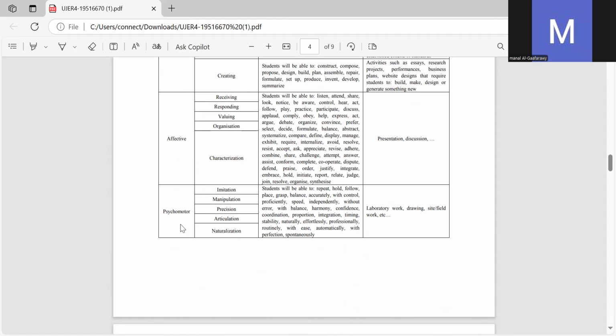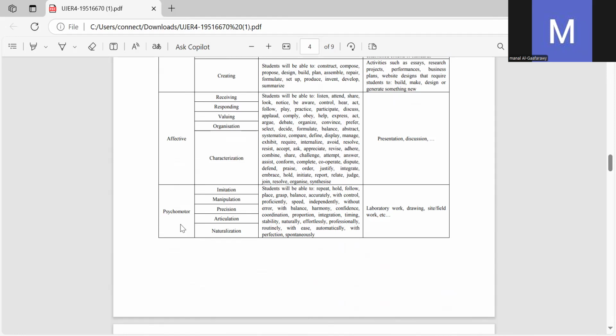Working on that level, again, may take a month, for example, until that habit becomes persistent in the student's behavior. He has the ability to imitate a good behavior.